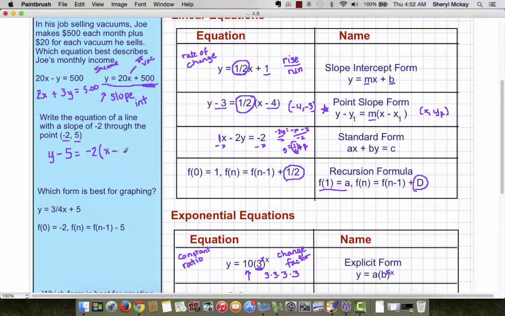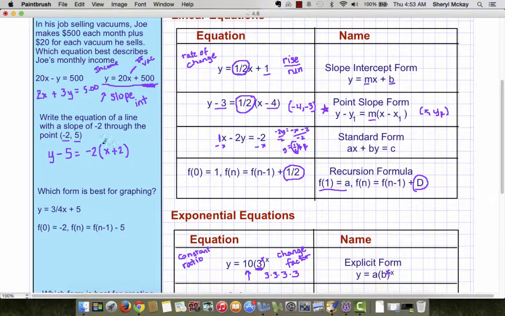So x minus a -2 just becomes x plus 2. And now I've written the equation of a line. So I could use that equation, or I could simplify it, but I've just written the equation without having to substitute and try to find the y-intercept or anything like that.